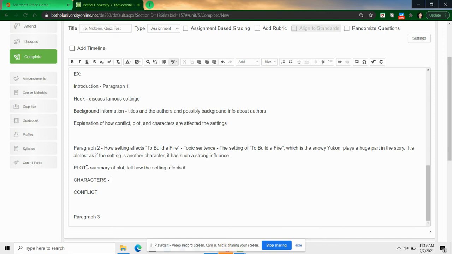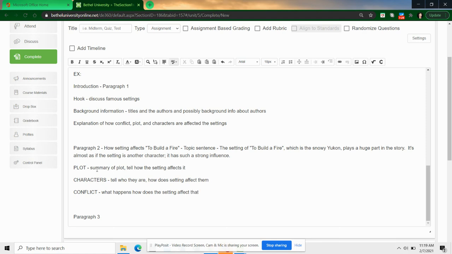And the characters, tell who they are, how does setting affect them, and then conflict, what happens, how does the setting affect that. And these are things that you're actually going to explain.